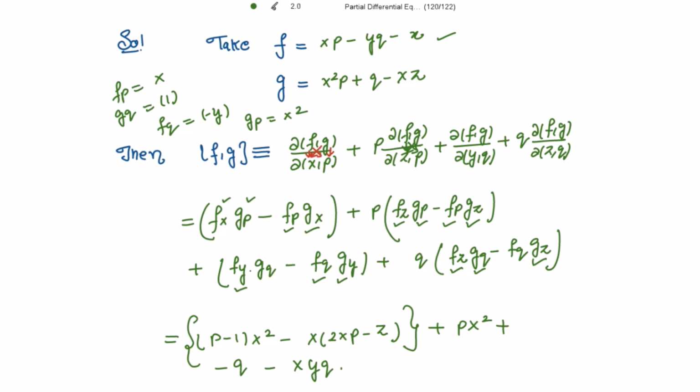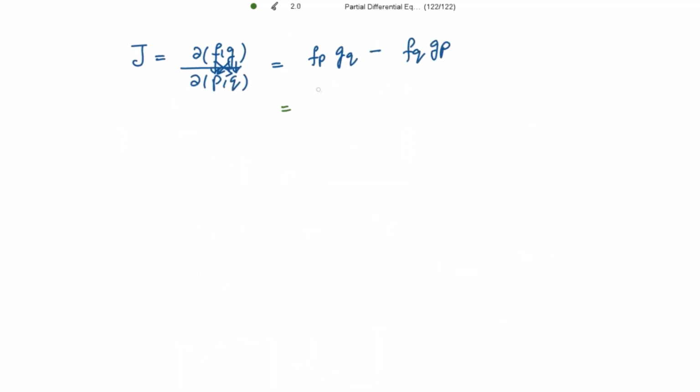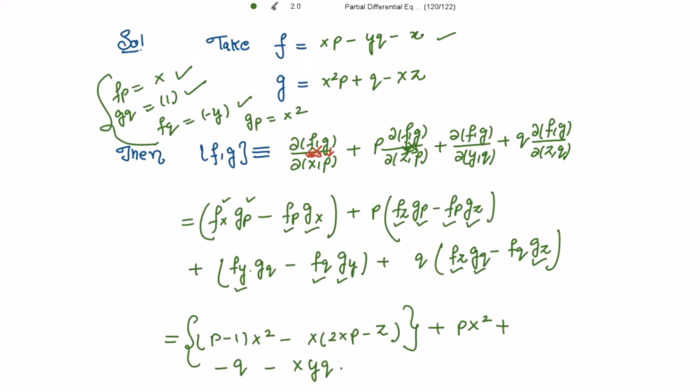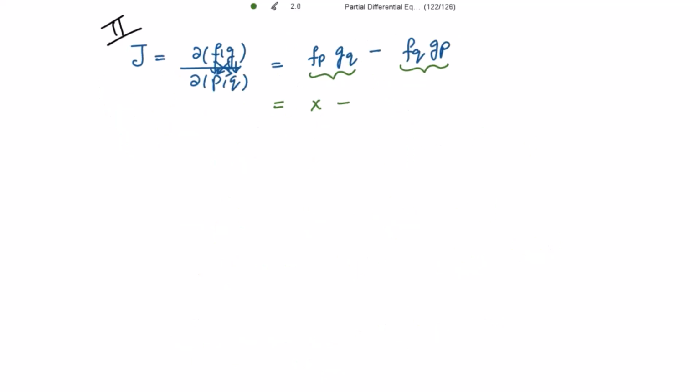So let's put all these values. fp into gq is x, minus fq into gp. fq into gp is minus x square y. That is minus x square y.